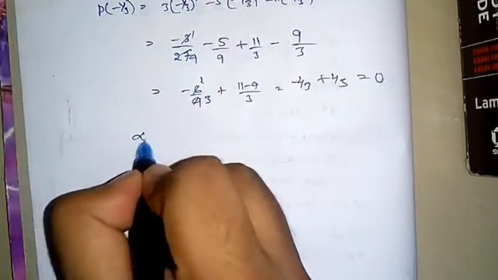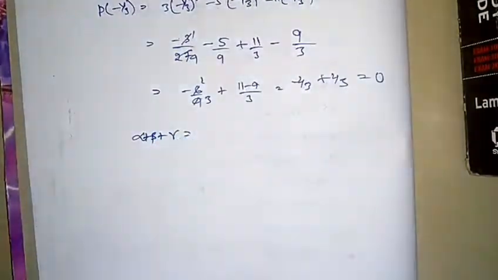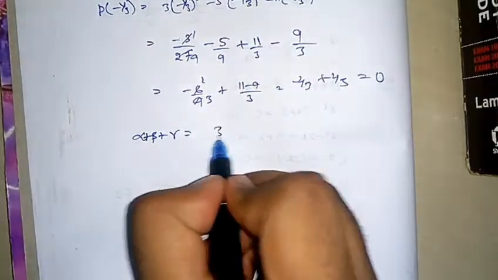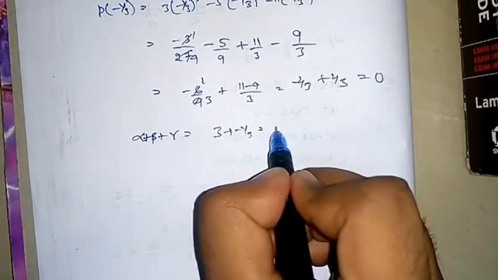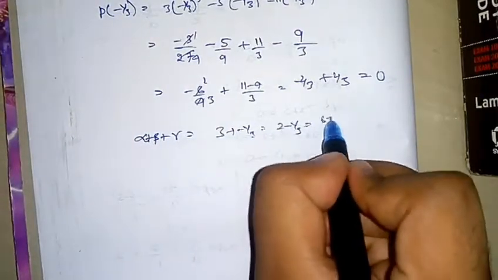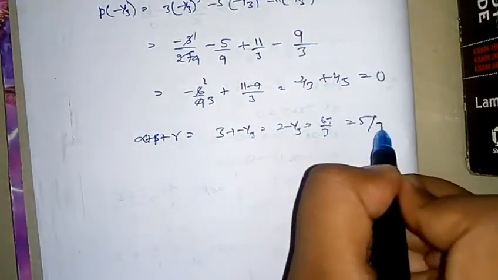Now the sum of the roots alpha plus beta plus gamma is equal to 3 minus 1 minus 1 by 3, which is equal to 2 minus 1 by 3, which is equal to 6 minus 1 by 3, which is equal to 5 by 3.